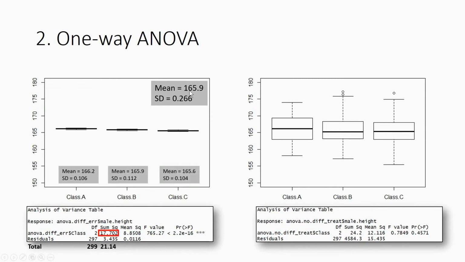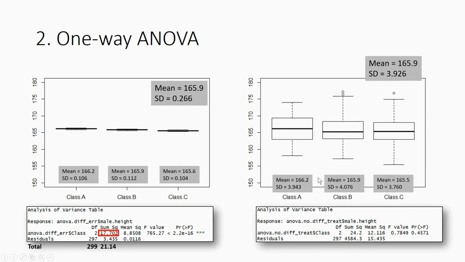I show you the overall mean, overall standard deviation, and also the mean and standard deviation for each group. You can see this overall standard deviation is much larger, and the standard deviation for each group is also quite large.